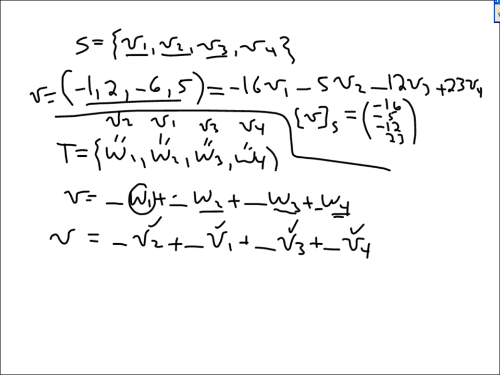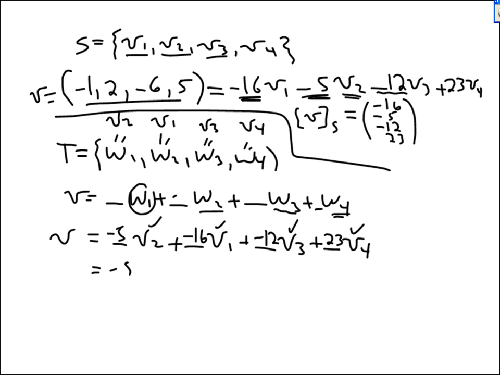So, it must be that the number in front of V1 must be negative 16. The scalar times V2 must be negative 5. The scalar multiple of V3 is negative 12. And the scalar multiple of V4 is 23.